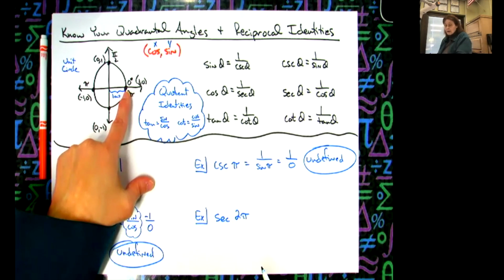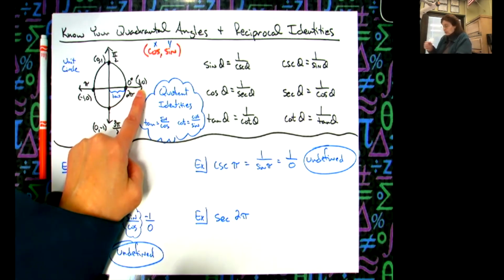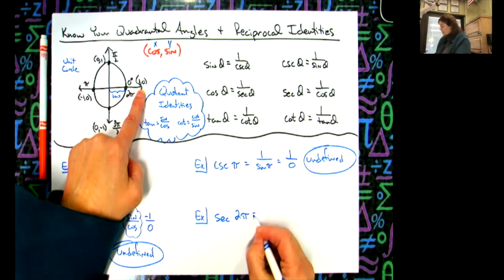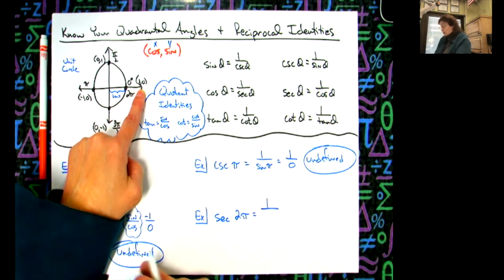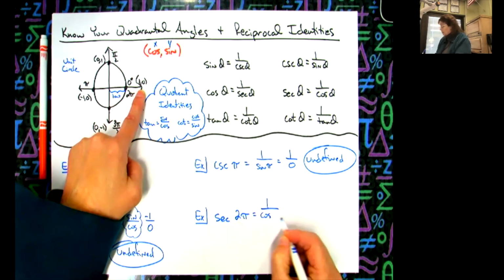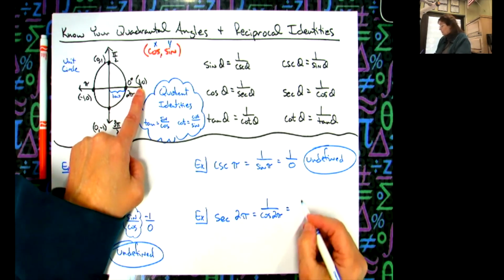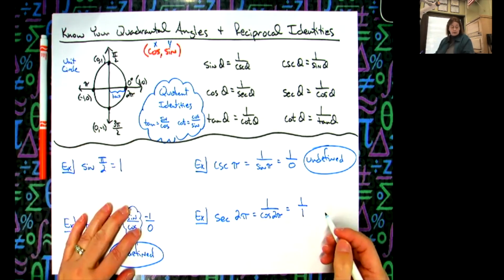So I'm back at the point where I started, where the ordered pair is (1, 0). So secant is 1 over cosine of 2 pi. Cosine is our first coordinate. That's a 1. So the bottom is 1, and 1 over 1, 1 divided by 1, is 1.